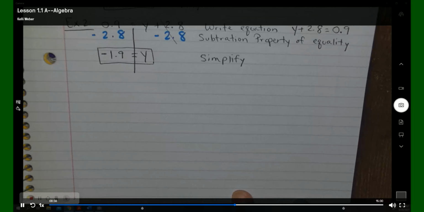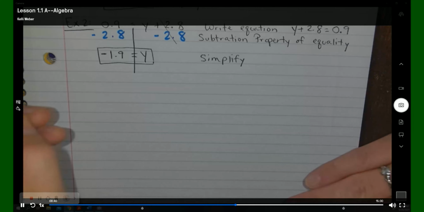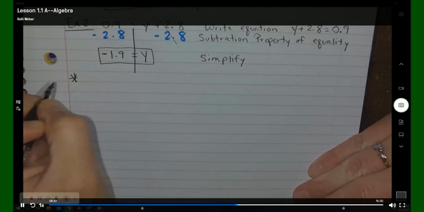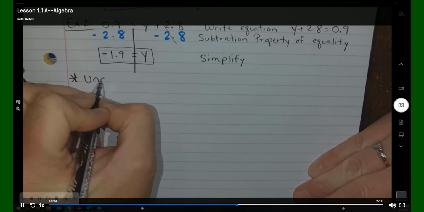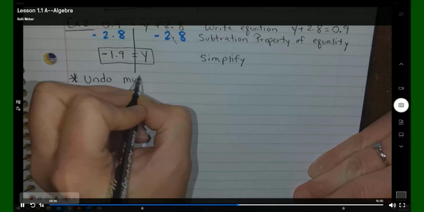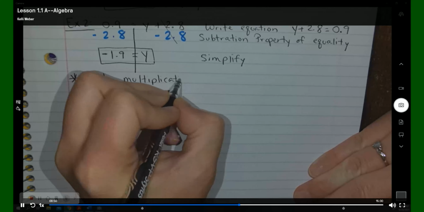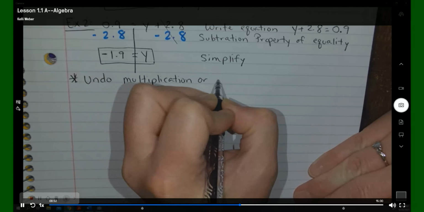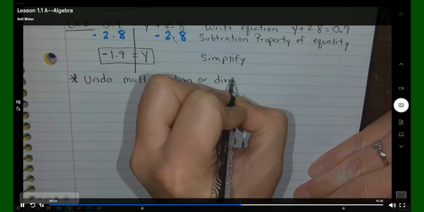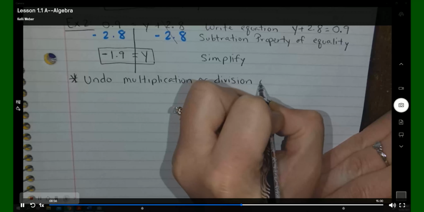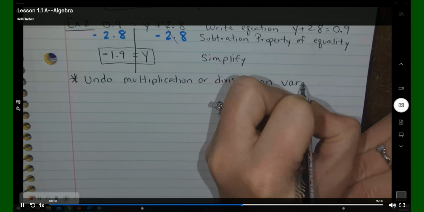Sometimes we're dealing with multiplication and division. So when we're dealing with multiplication and division, we're going to undo multiplication or division, depending on what you're dealing with, on the variable side.